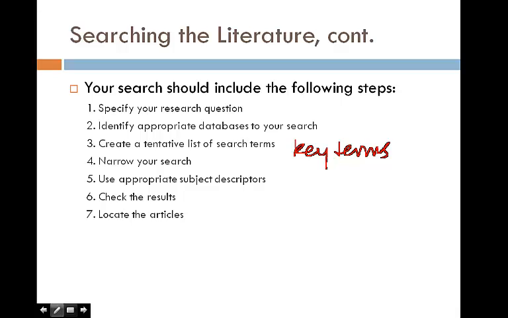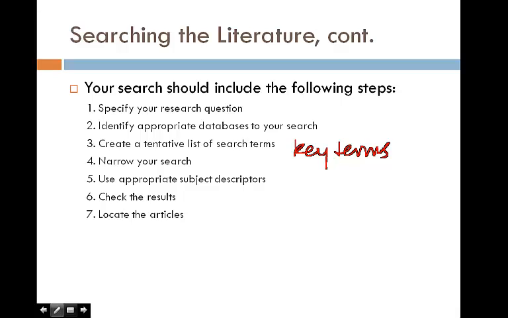After we start searching, we need to narrow our search to the degree that we can manage. Sometimes the research topic can cover thousands and thousands of articles. That's too many. If we can manage like 20-some articles, I think we get to a pretty manageable size.